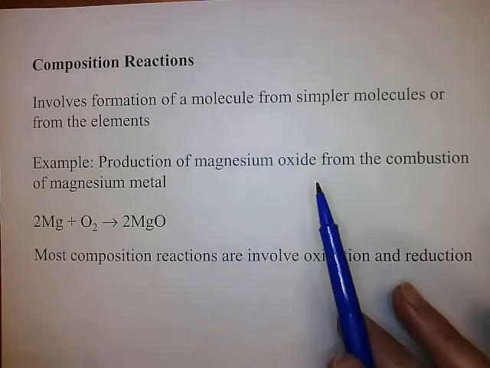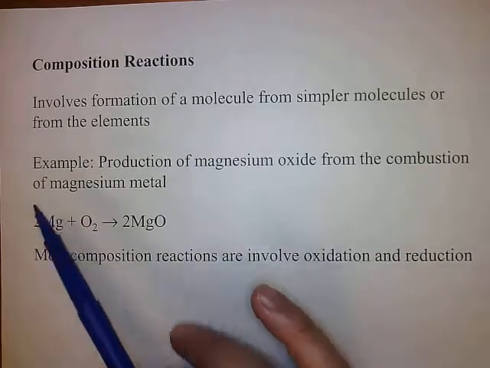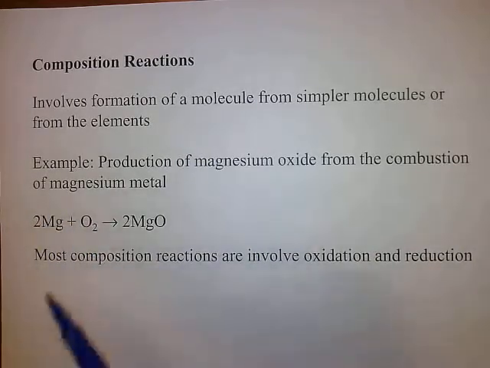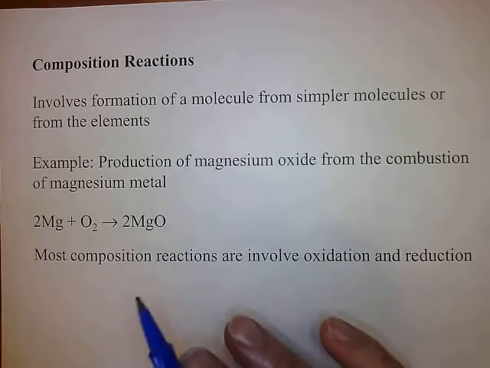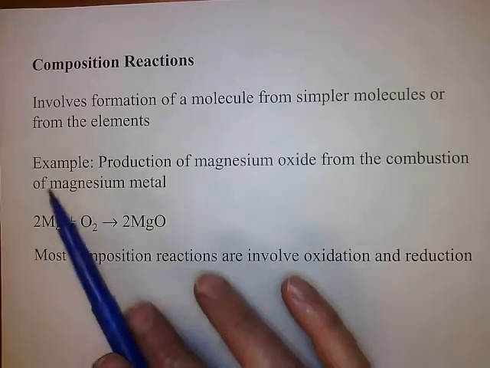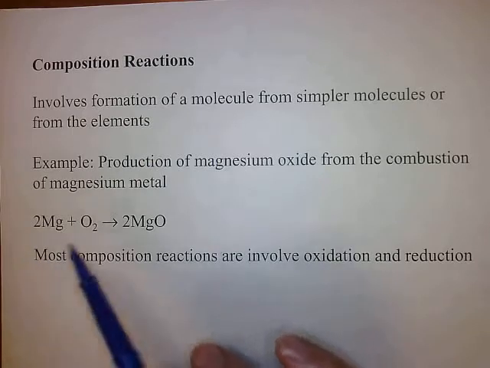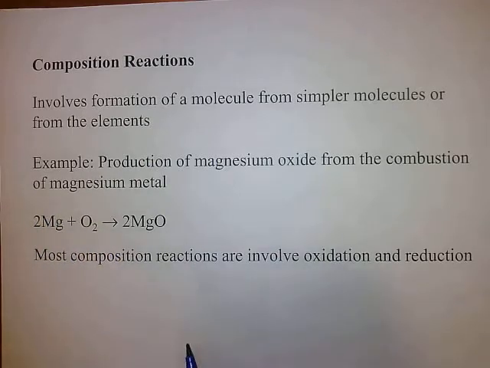So, for example, production of magnesium oxide from the combustion of magnesium metal. Magnesium will burn. You light it up, magnesium will burn. Sometimes powdered magnesium is added to fireworks to give off a white light.